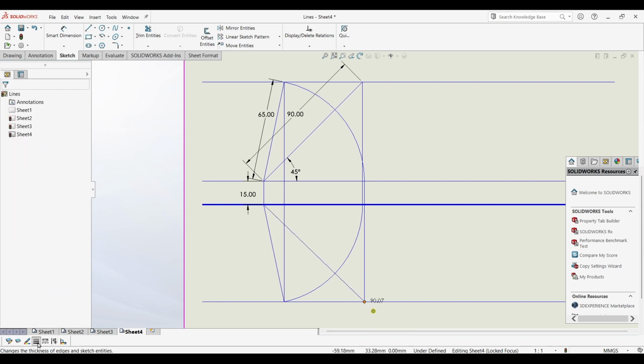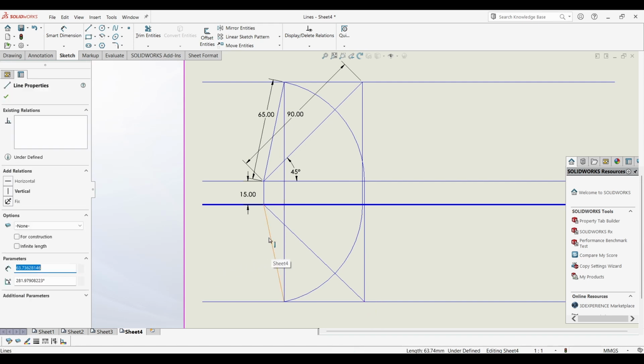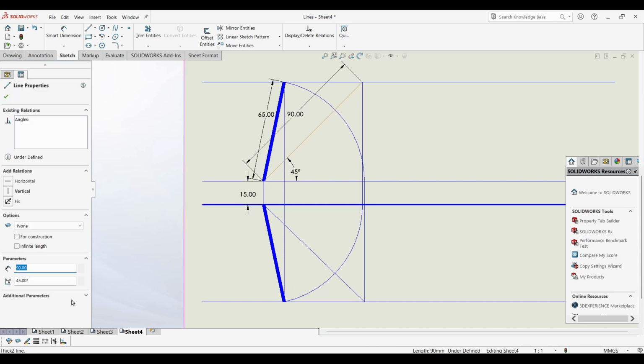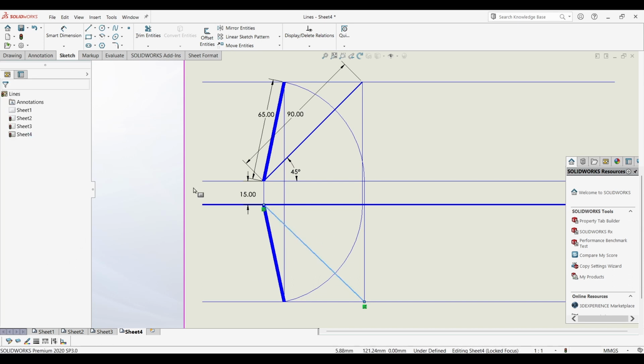So we are done with it. So this is the true length. This is going to be 2 mm, this is also 2 mm, and this one is going to be 0.35.